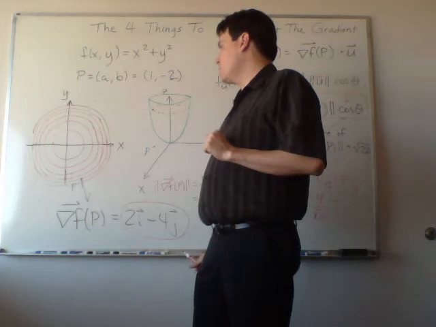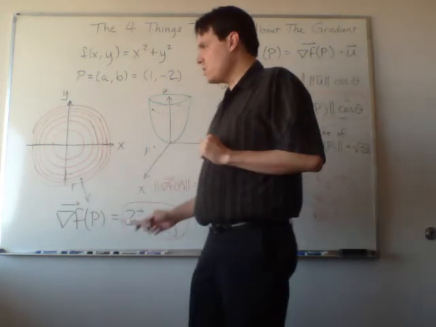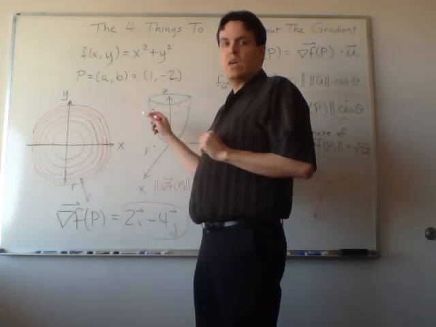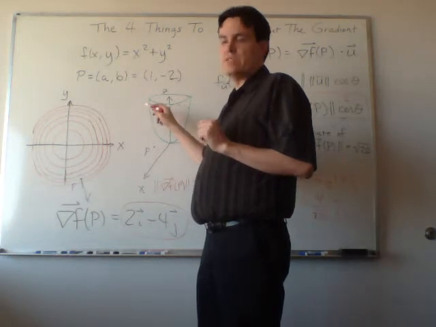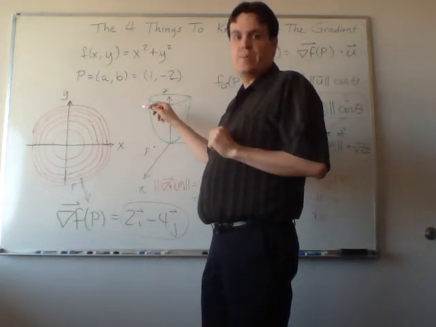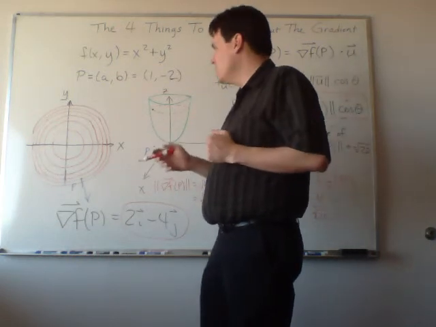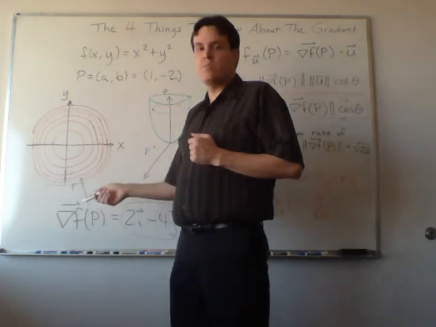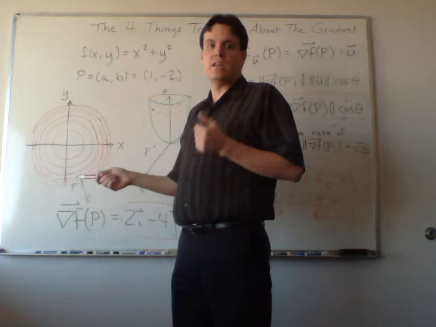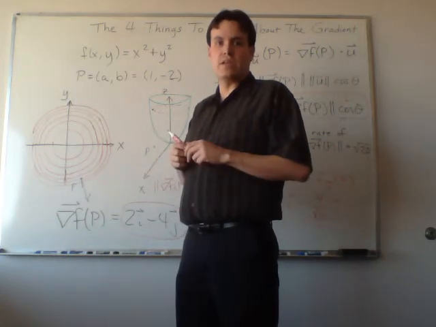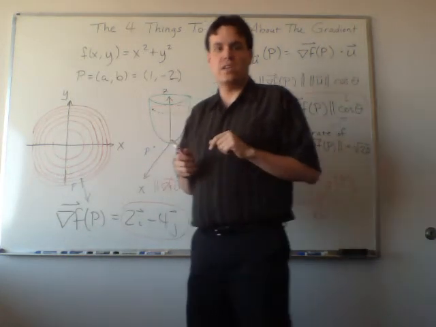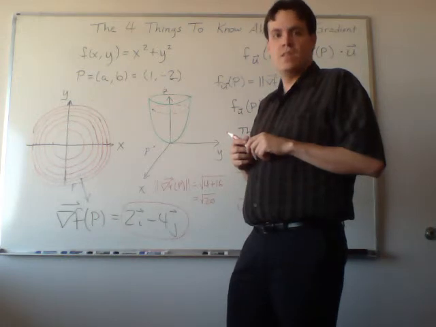Gradient vectors are perpendicular to level sets. Remember I said in the first video, it wouldn't make sense for the gradient vector to be perpendicular to the graph, because the gradient is just something that lives in 2 dimensions, and this graph lives in 3-dimensional space. But it makes perfect sense for the gradient to be perpendicular to the contour, because that is an object living in the 2-dimensional plane. So that's the fourth thing, that the gradient is perpendicular to a level set of a function.